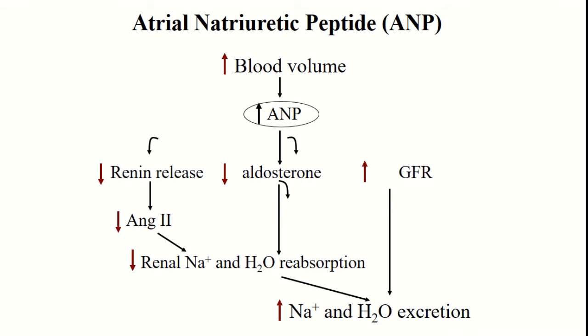So ultimately, because the initial change was an increase in blood volume or blood pressure, the final change, because of all these effects, is that the blood volume or the blood pressure is going to come back towards normal. In this way, atrial natriuretic peptide is going to regulate renal reabsorption of sodium and water.